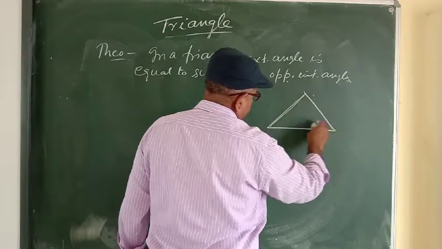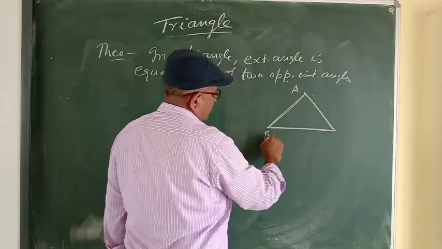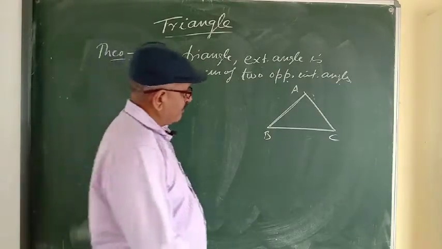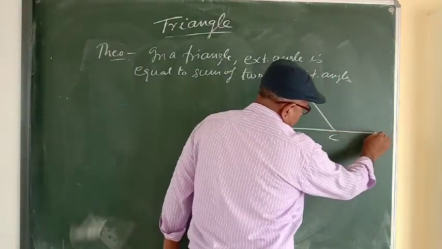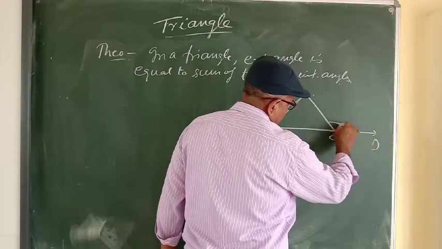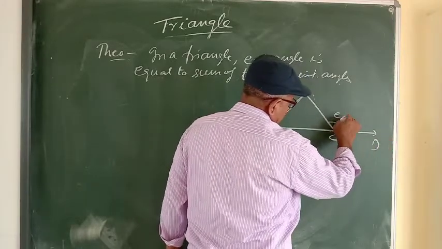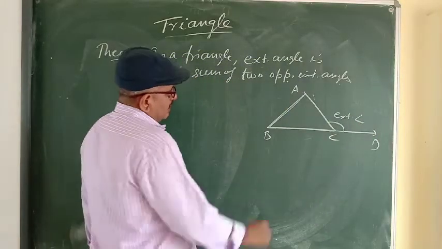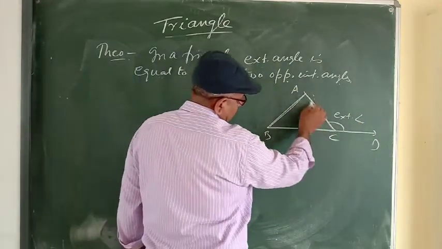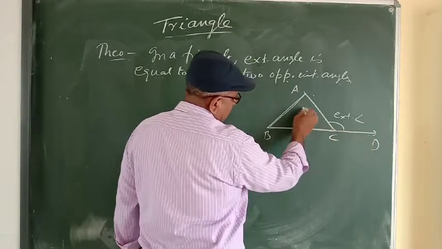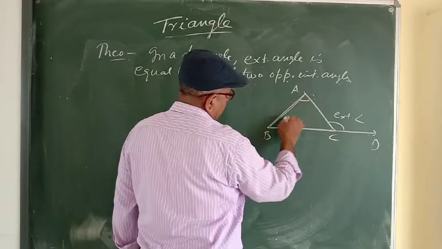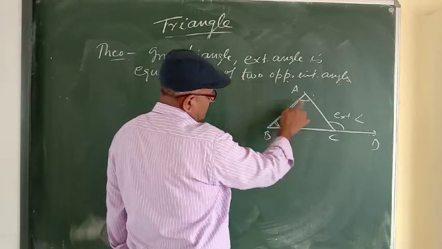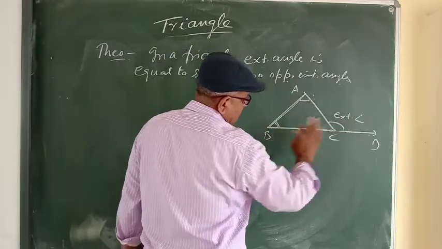Let us suppose ABC is a given triangle. Produce BC up to D. So this angle ACD is the exterior angle. For the exterior angle ACD, the interior opposite angles will be A and B. These two angles are the interior opposite angles for the exterior angle ACD.